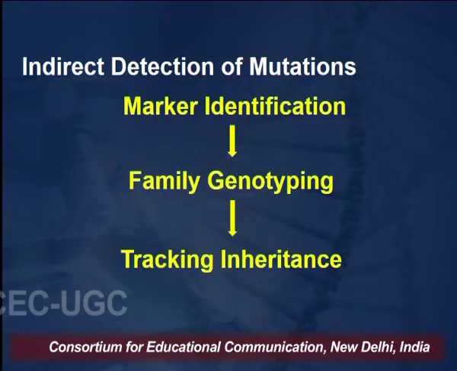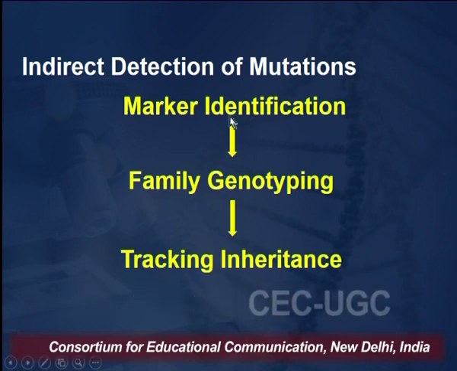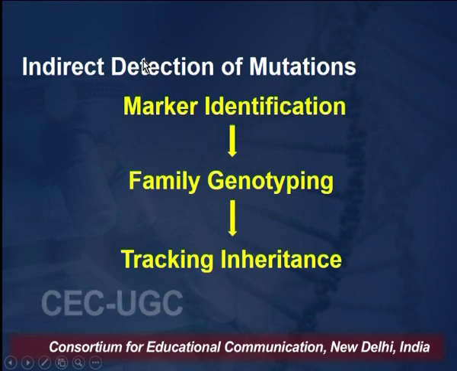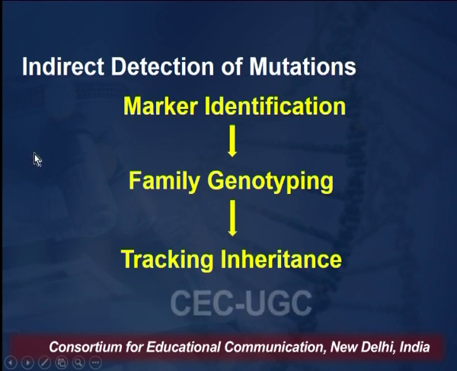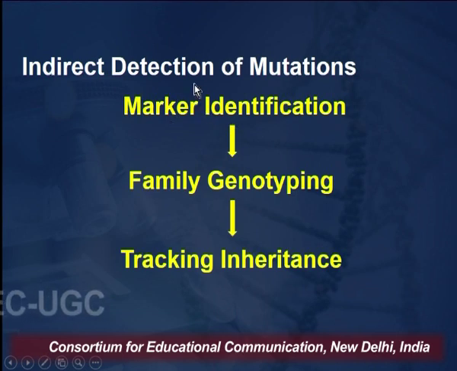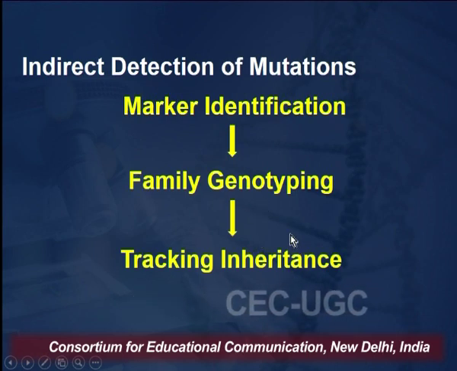In the indirect detection of mutations, it is a marker identification. As I said, in the indirect detection of mutations, we do not know the mutation. The gene has been cloned, one category was the one in which the gene has been cloned, but we do not know what mutation has occurred, because a number of mutations can give rise to that particular disease.